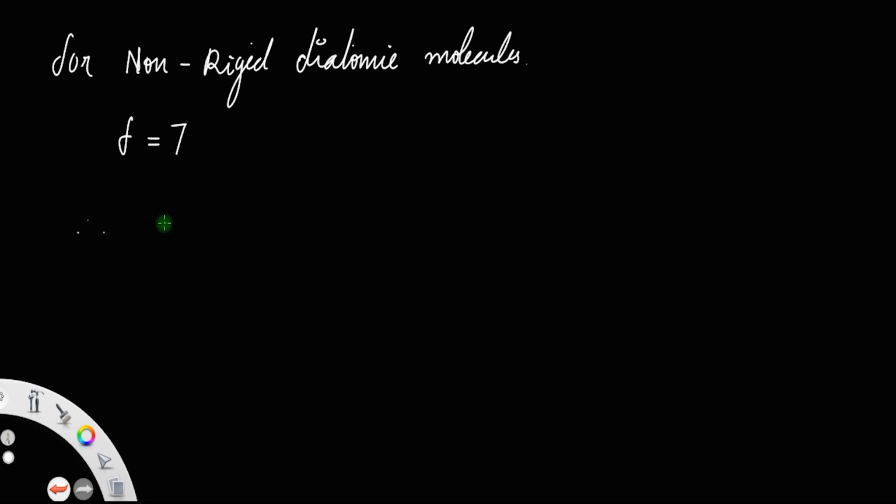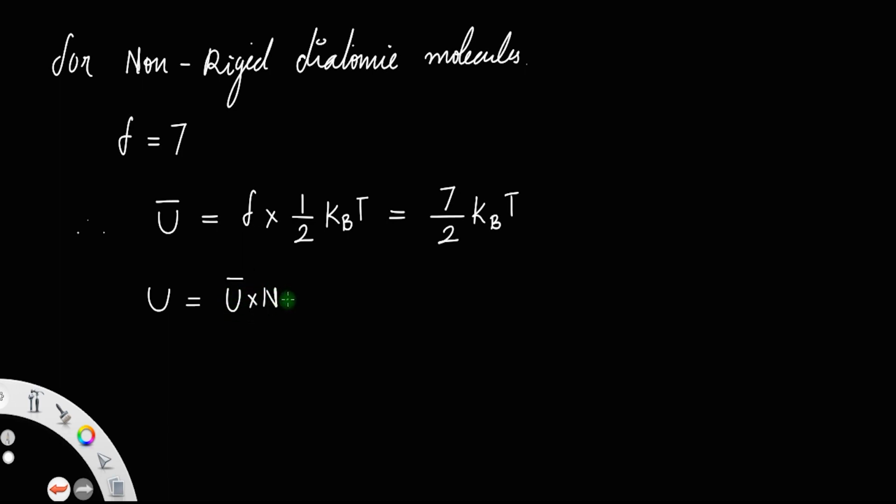Therefore, we have U bar is equal to F into half kB into T, which is equal to 7 by 2 kBT. And U is equal to U bar into Na, that is equal to 7 by 2 kBT into Avogadro number, that is equal to 7 by 2 RT.